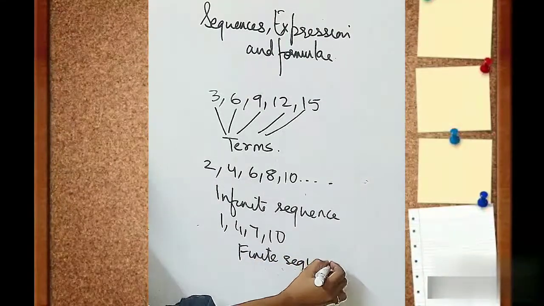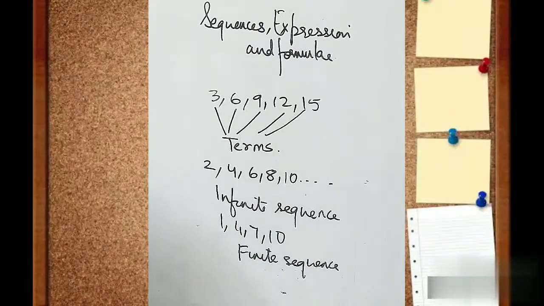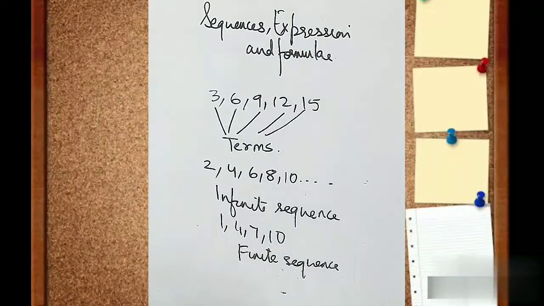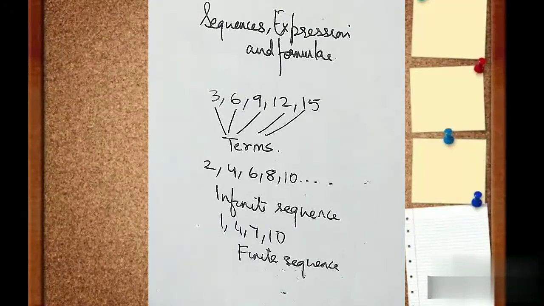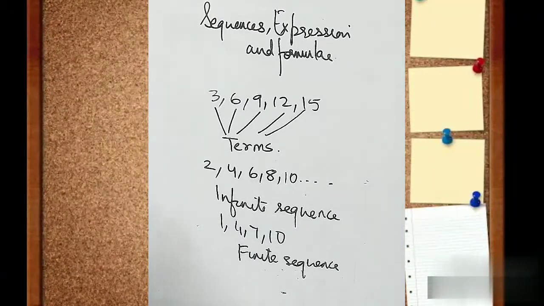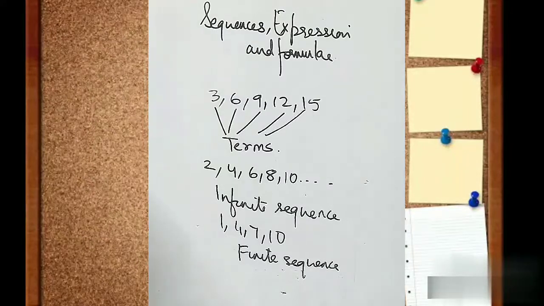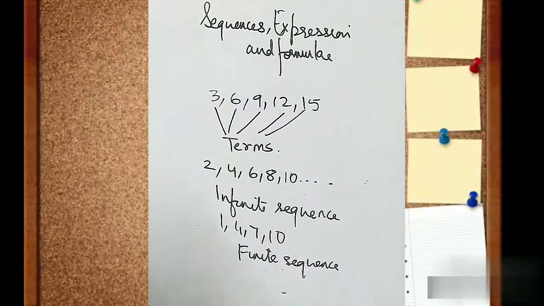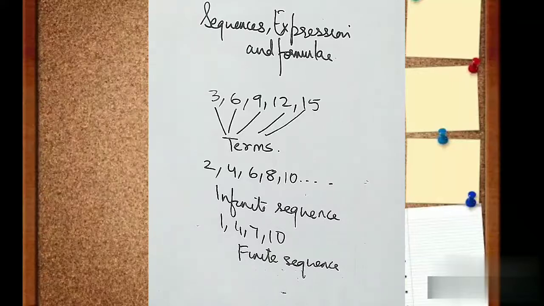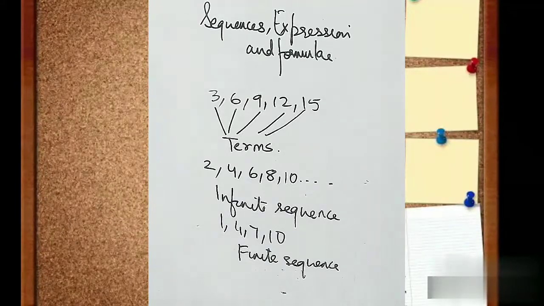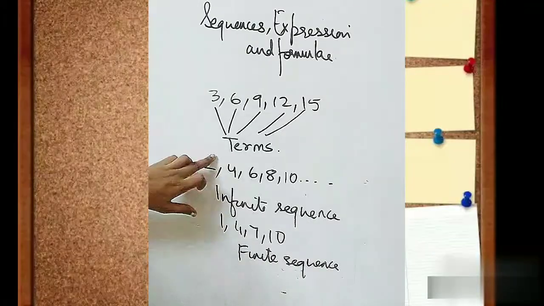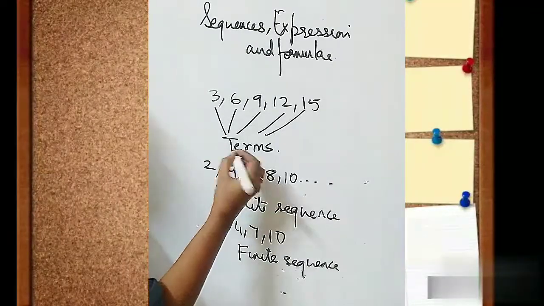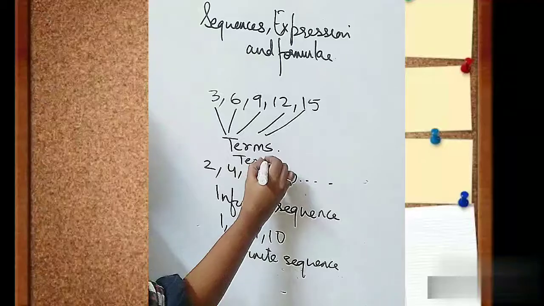Now we know what pattern is there in that particular sequence. So how will we write it? We have a term called the term to term rule.